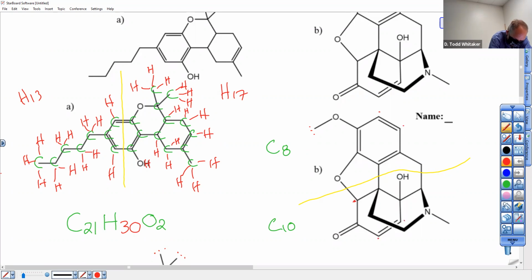Dot, dot. 2 here, 3 here, 2 here, none here, none. I better put a dot on this H here, else I won't count it. There's 1 there. Need 4 for every carbon, and H's are missing. That needs a little more life. Okay, well, and that's the bottom.